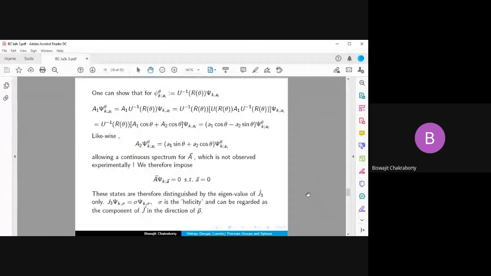You can construct the new, rotated states, so to say, psi theta k a_i, which is U inverse of R theta acting on psi k a_i, and you can easily check that when A1 acts on psi theta k a_i, by definition it is A1 U inverse R theta psi k a_i.